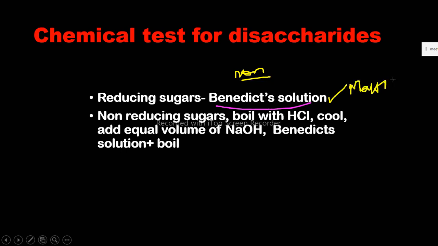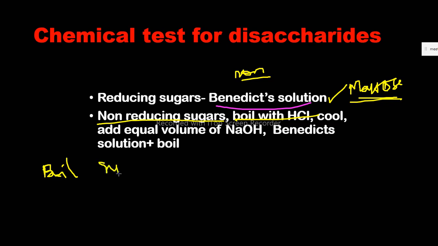When you carry out a test on maltose using Benedict's solution, the solution will change from a green solution to a yellow solution to a yellow precipitate, then to an orange precipitate, and finally to a brown precipitate. But for the non-reducing sugars, we have to first boil them in HCl. Boiling in HCl will hydrolyze them into monosaccharides.